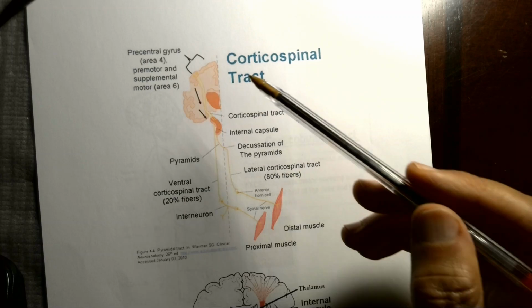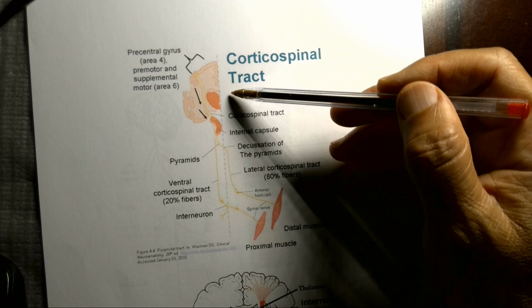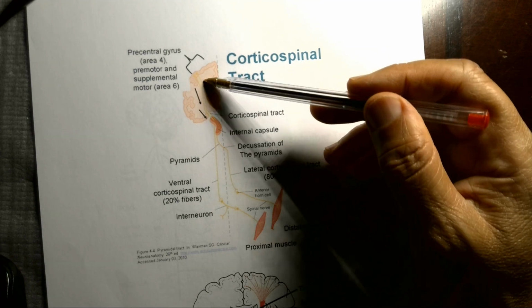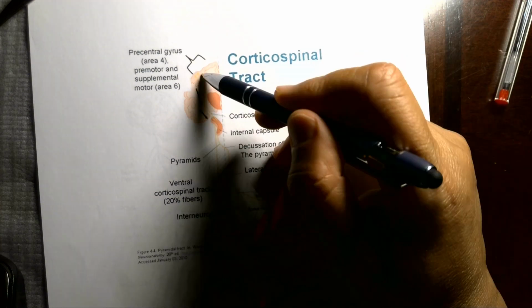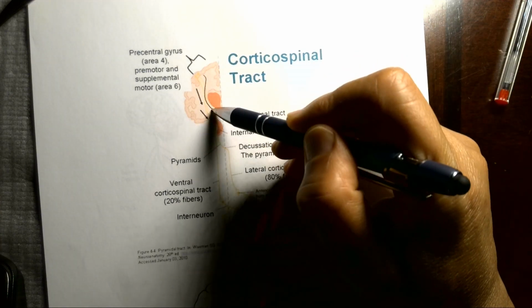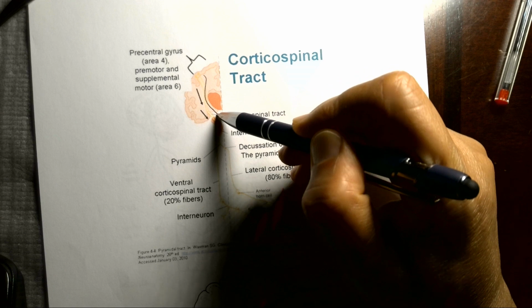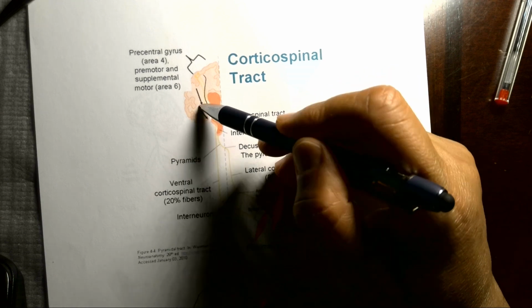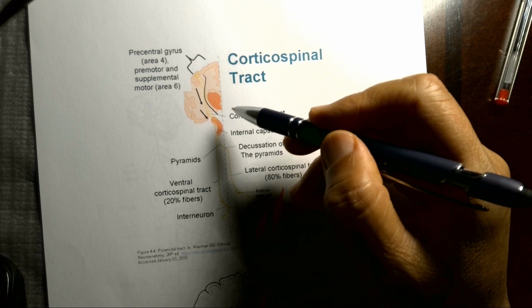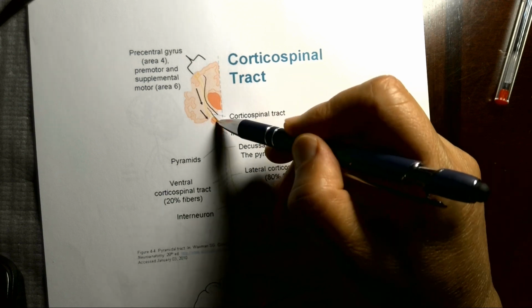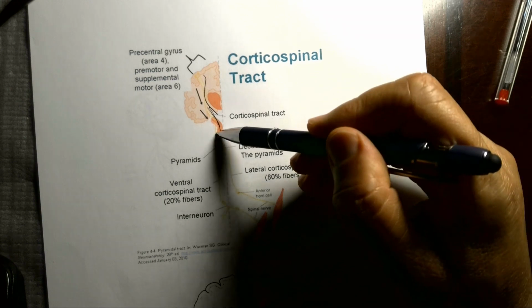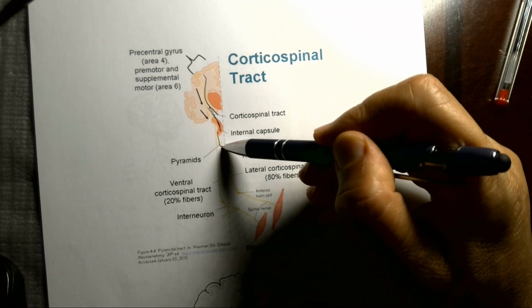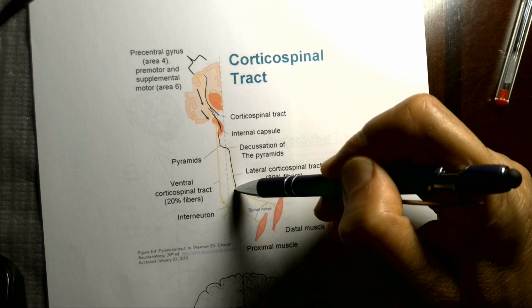The fibers descend from the cerebral cortex through the internal capsule between the thalamus and the lentiform nucleus, then descend through the midbrain and pons, and in the medulla cross to the opposite side.